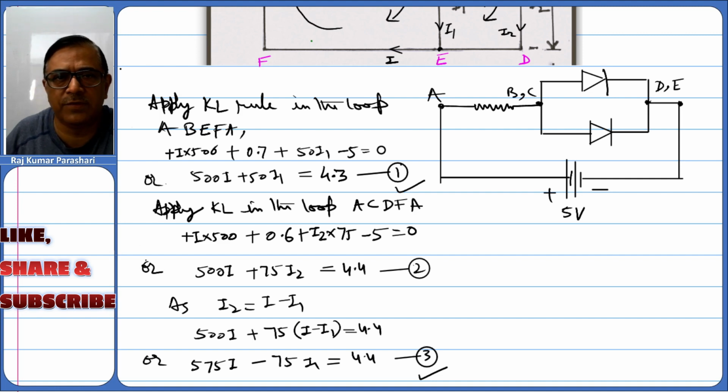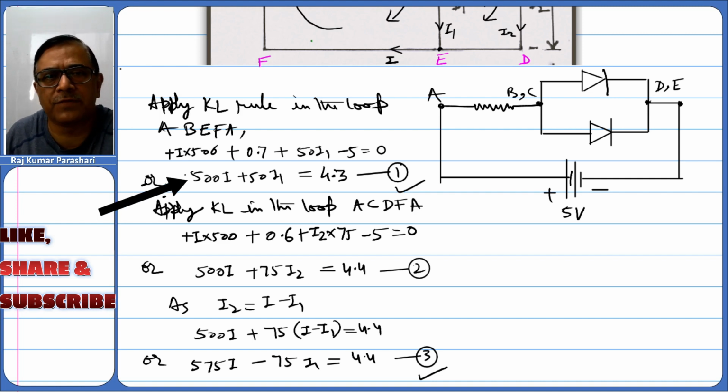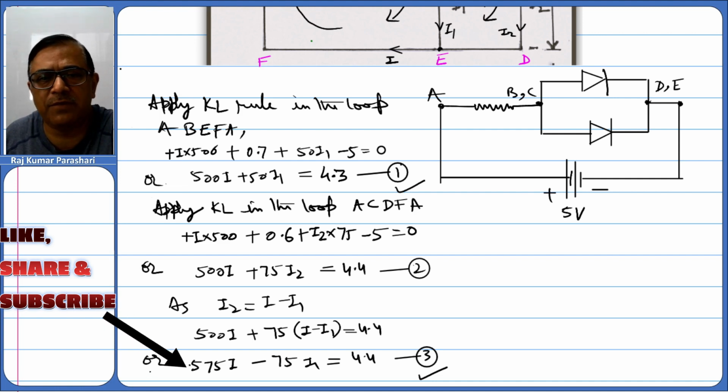What I suggest, multiply relation 1 by 75 and relation 3 by 50, and then add them up. Let's see what we get.